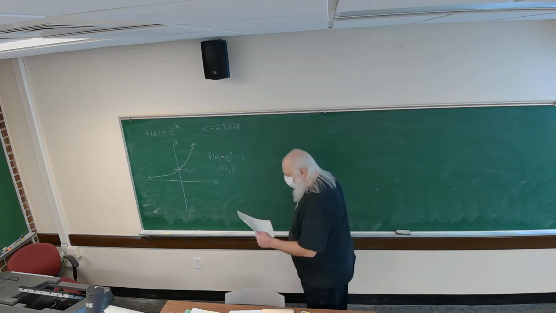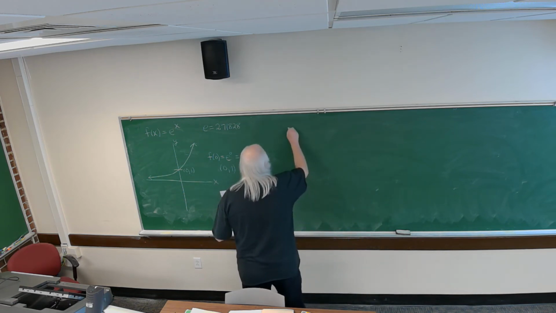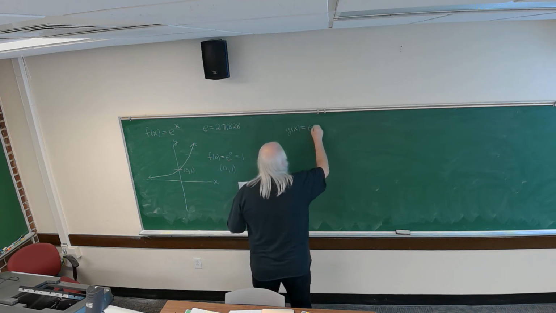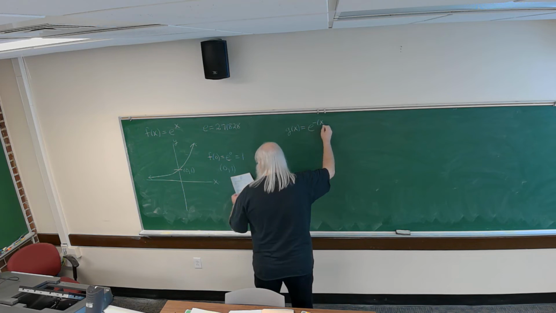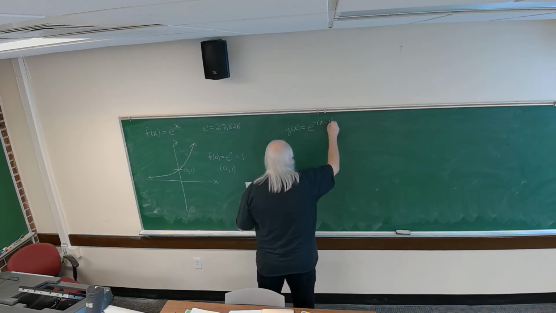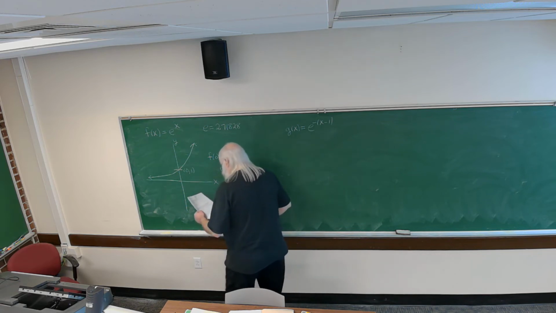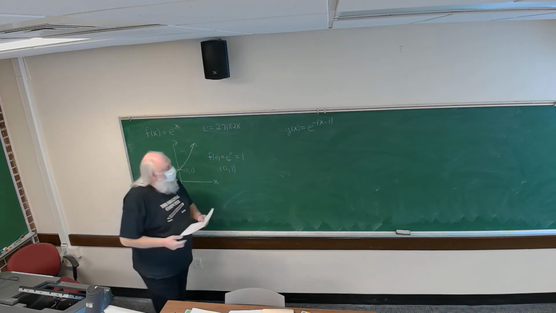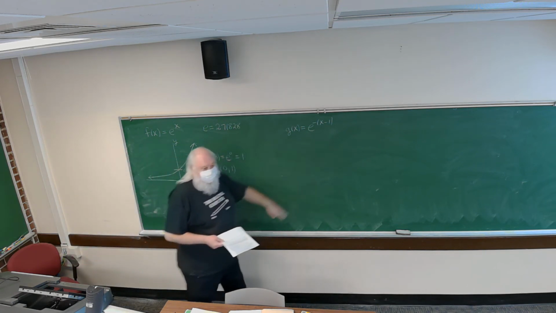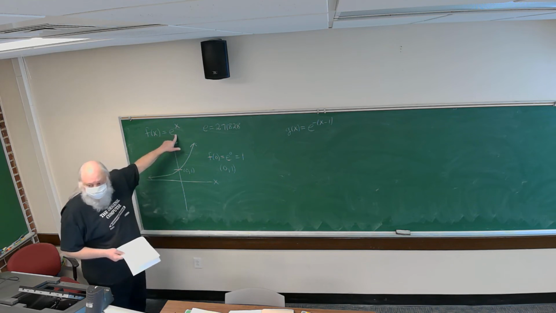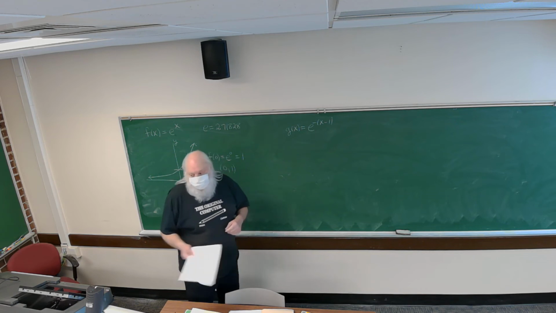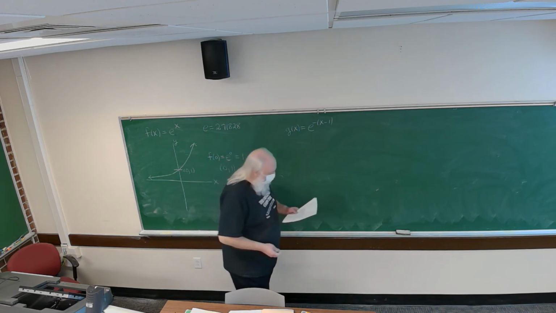In B, we got a graph g of x is equal to e to the minus x minus 1 power. And to graph this, you can perform a series of transformations on this function, or you can just plot a few points and play connect the dots, okay?